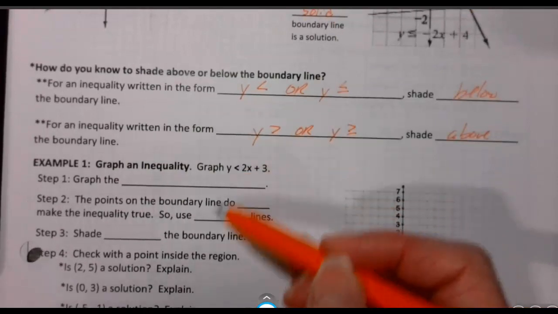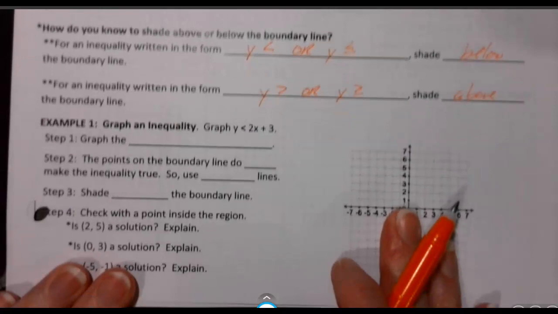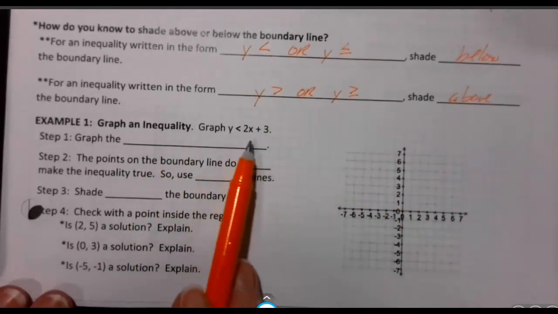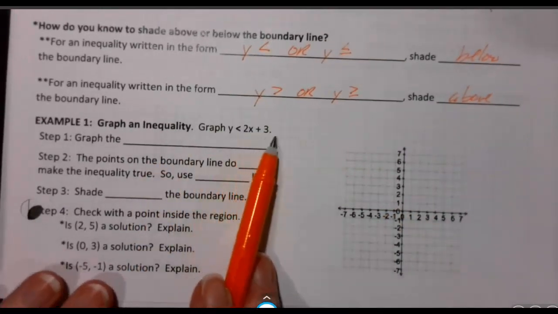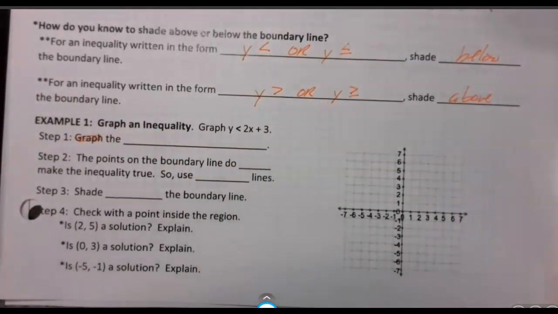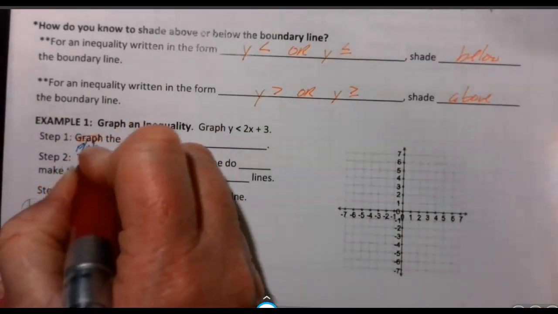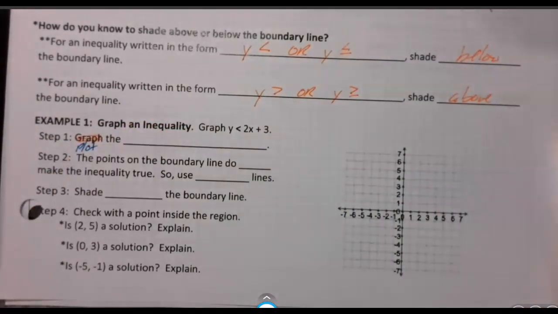Now we're going to go through the steps on what we need to do here. There's going to be one little change in the wording, but that's fine. We're going to graph the inequality y is less than 2x plus 3. The first step should actually say plot. We don't want to graph a line, because graphing means we've drawn in the line.